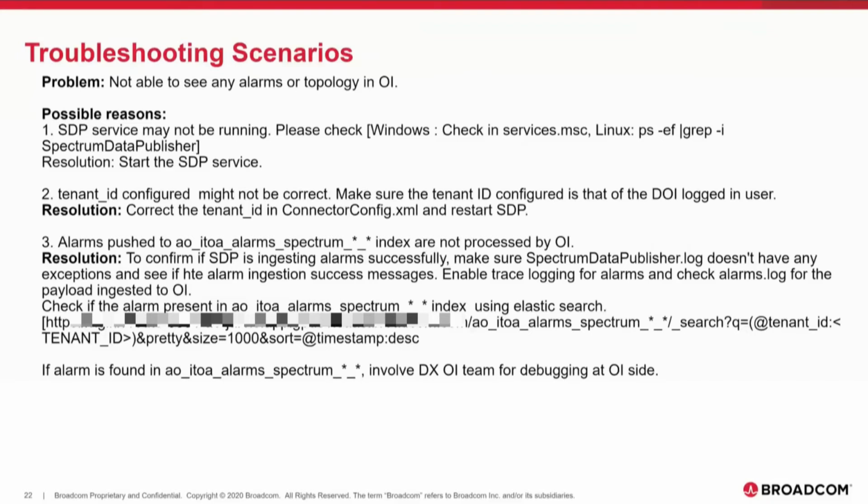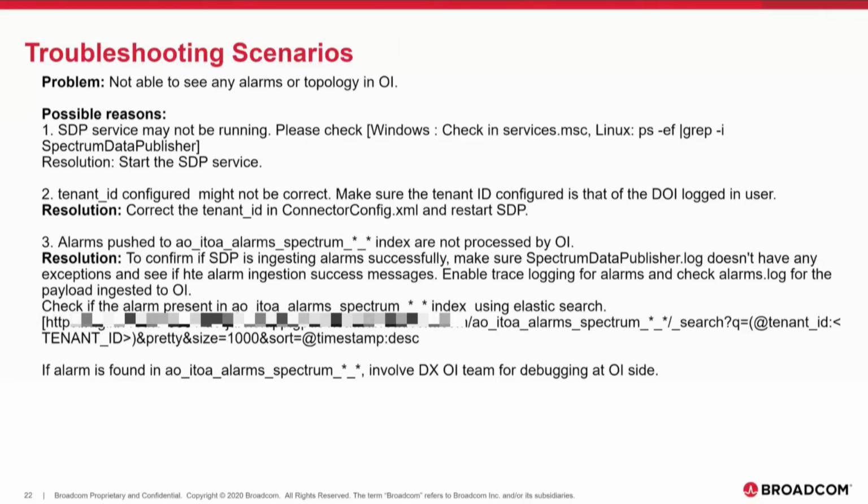To confirm that, we can check the Spectrum Data Publisher log for any exceptions and see if there are successful messages, like the alarms ingested count we show for every ingestion. If those messages are there, then alarms are getting ingested successfully. For further debugging, you can enable trace logging for alarms and see the payload printed in alarm.log.